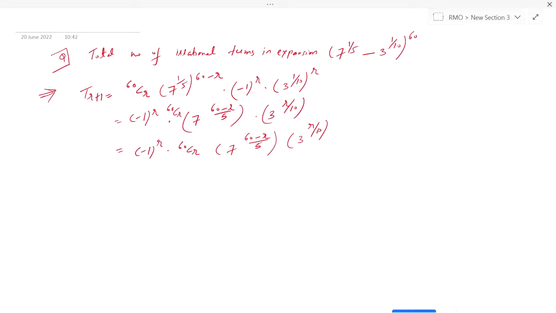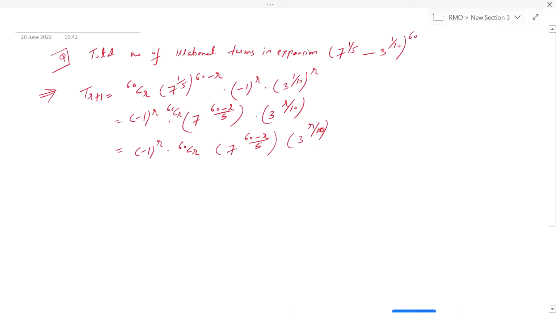No, 51 is not it. The equation is 60 minus r by 15 that can be satisfied by 0, 15, 30, 45. It's 5, right? It's 60 minus r by 5. Oh, that's 5. Okay, yes, sorry. Try again. So that becomes 10. Don't get confused. Yeah, this is 10.